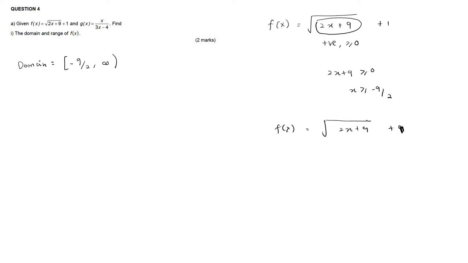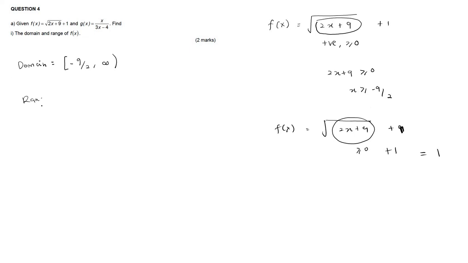Since we have to make sure that the answer at the front is positive or more than or equal to 0, this part will always akan jadi lebih besar daripada kosong. But we have plus 1 at the back. Kosong tambah 1 adalah 1.